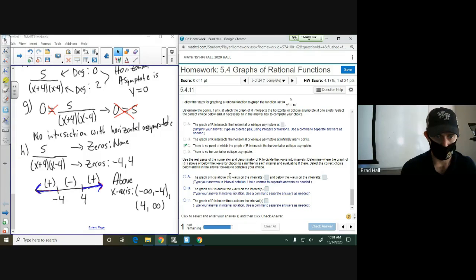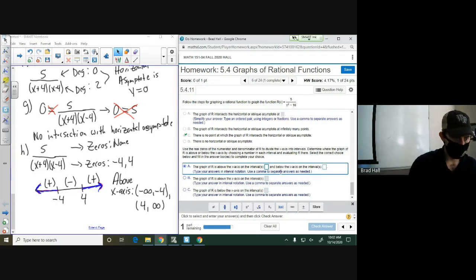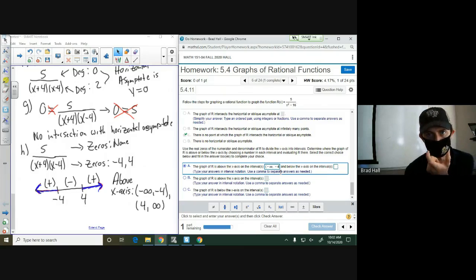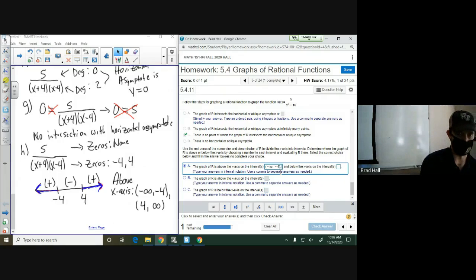So I'm going to use the option for part A, because this also has a blank for below the x-axis. As we can foreshadow, there is a section there.